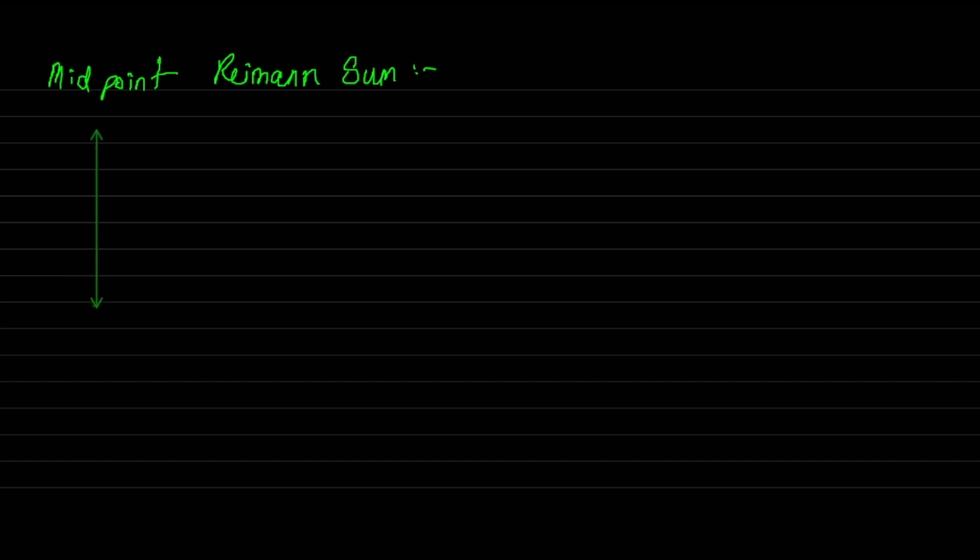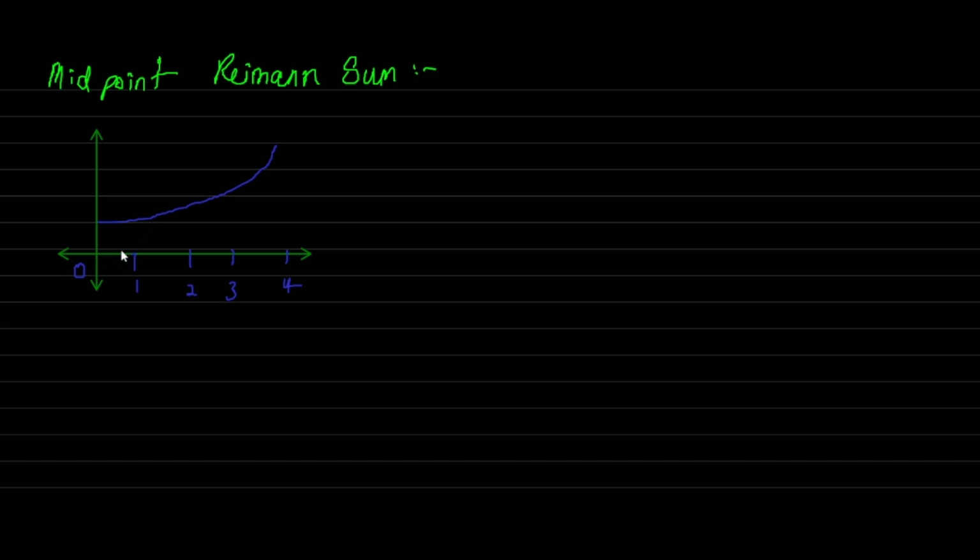So this is our graph, and this is our curve, x squared plus 1. So for x squared plus 1, we have 0, 1, 2, 3, and 4.